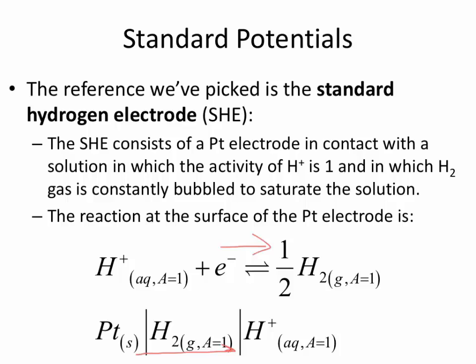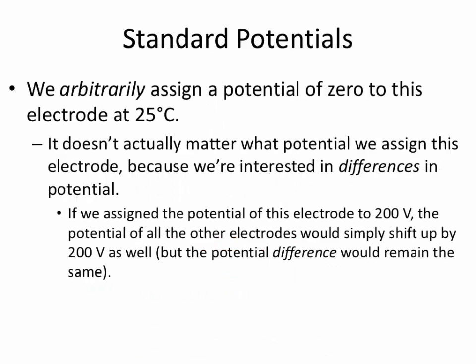Now, that's because we've actually written our chemical reaction backwards. What we really have in this case is hydrogen gas that is losing an electron to give us a hydrogen ion.